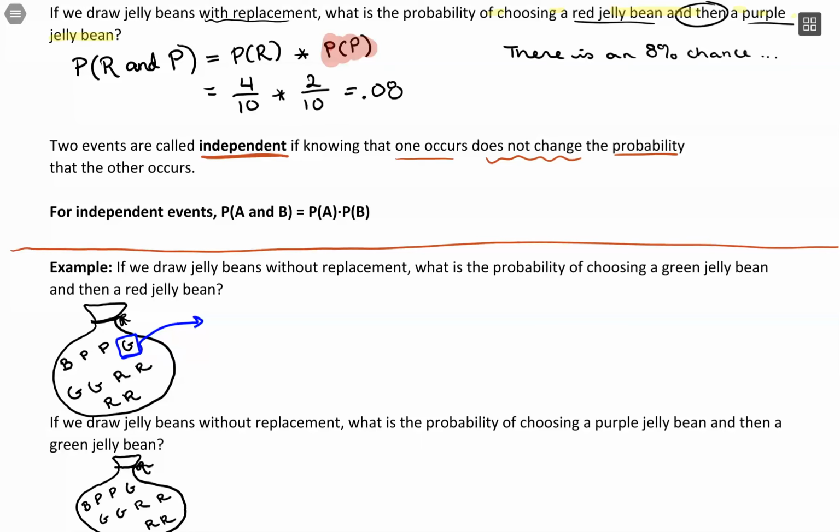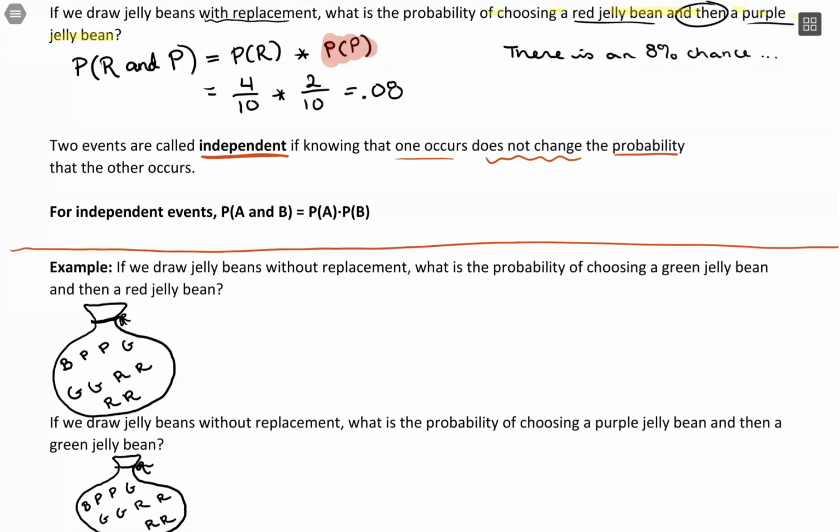But then I put it back. So that first event had that happen. And then if I go to grab a red jelly bean, 4 out of 10 chance. So it didn't matter that I had chosen a green jelly bean already, it was still 4 out of 10 for that second selection.